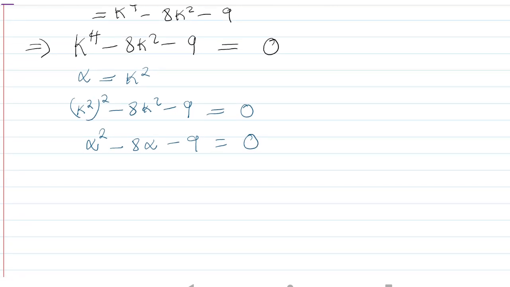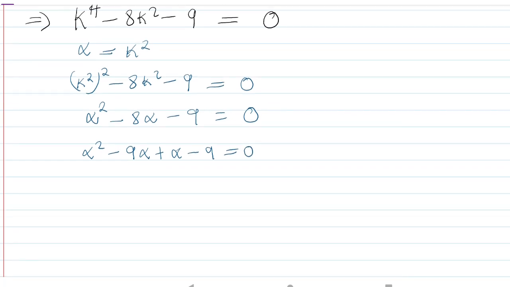All right. So you can see that the product here is negative 9 and the sum is negative 8. So this is just minus 9 alpha plus alpha minus 9 is equal to 0.